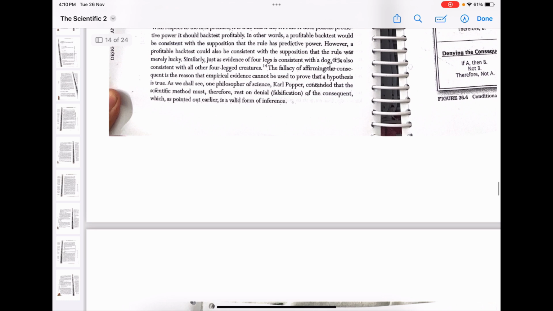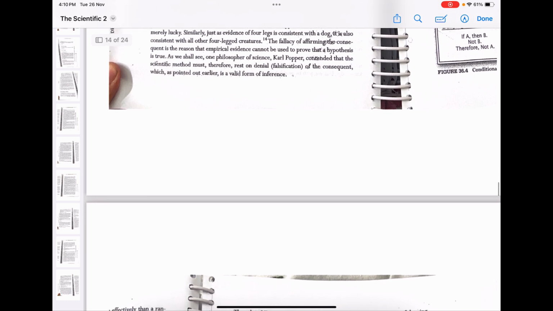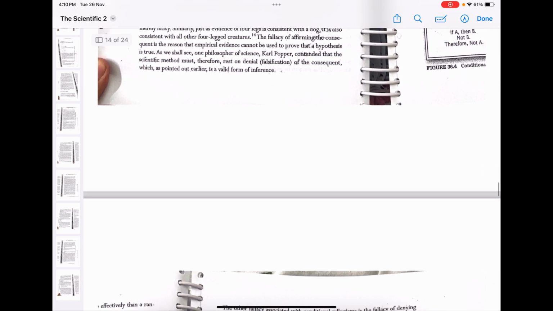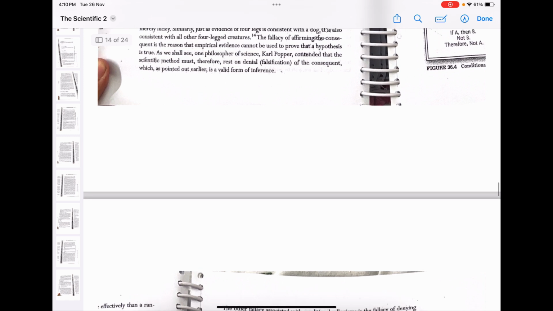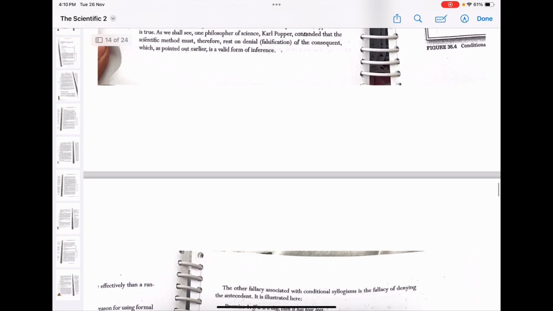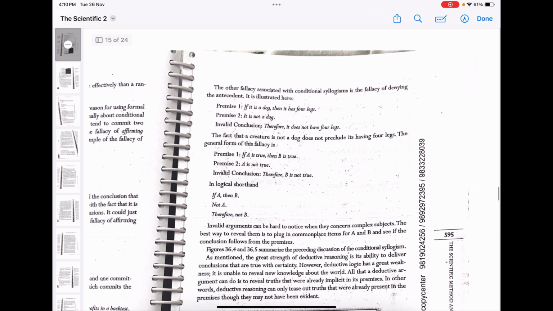The fallacy of affirming the consequent is the reason that empirical evidence cannot be used to prove a hypothesis true. As we shall see, one philosopher of science, Karl Popper, contended the scientific method must therefore rest on denial. The other fallacy associated with conditional syllogisms is the fallacy of denying the antecedent.